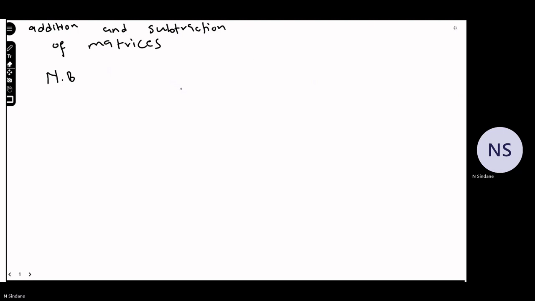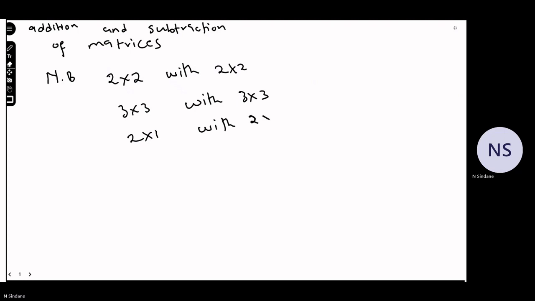It simply means you can add a 2 by 2 with a 2 by 2, a 3 by 3 with a 3 by 3, a 2 by 1 with a 2 by 1. You can only add matrices of equal array.